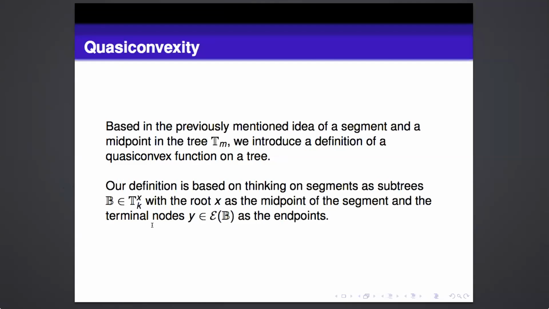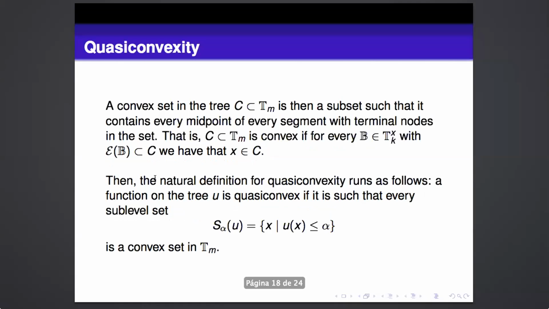And you are saying that a set inside the tree is convex if every time you have the endpoints of one of these trees inside your set, then the root is in the set.